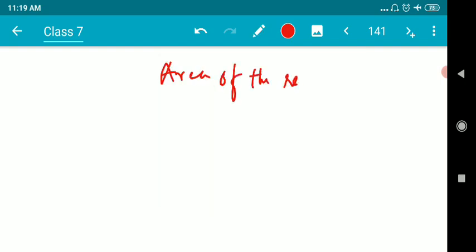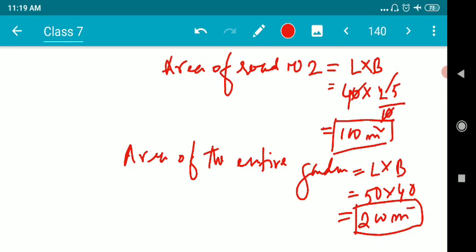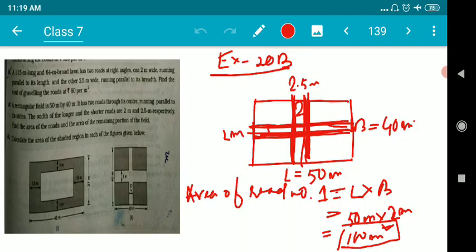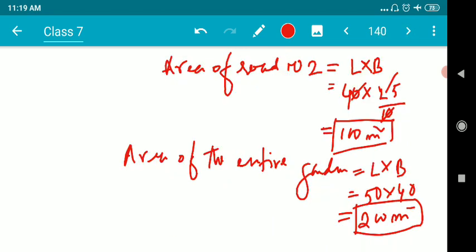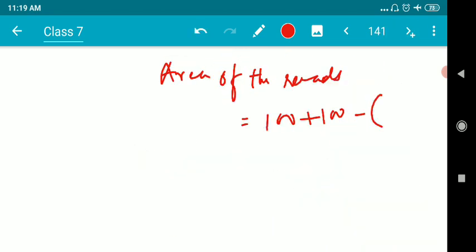Area of the roads is equal to 100 plus 100 minus the center rectangle that has been formed, with length 2.5 and breadth 2. I'm finding the total area of the roads, because the roads are overlapping each other.